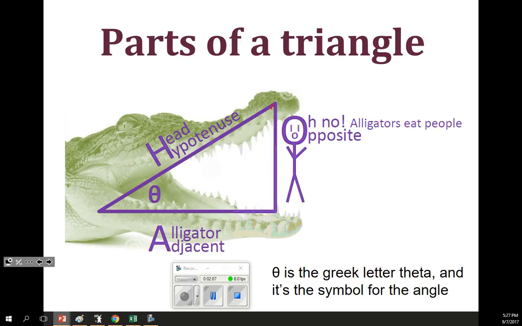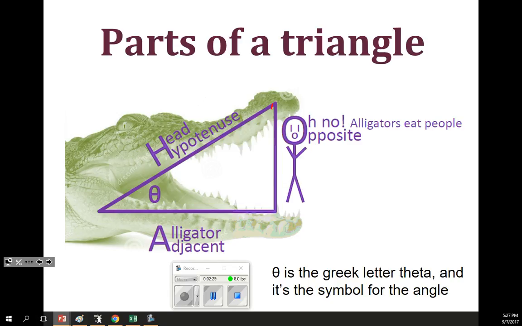The first thing that we need to discuss and remind you is the parts of a triangle. If you look at this particular slide, you see the alligator in the background. The alligator is just a little cartoon, a funny way to help you remember this if you forgot or if what you learned was a little bit difficult for you to begin with.